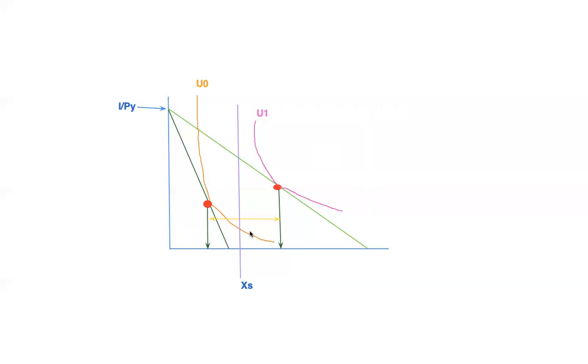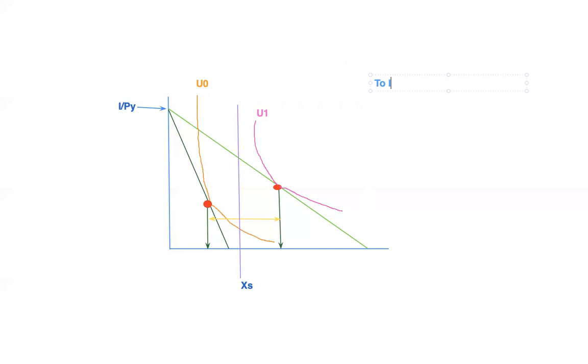So it has to be the new budget and the original level of utility. Whether it's a price increase or a price decrease doesn't matter. What matters is the original level of utility and the new budget. So maybe I should write that on the side someplace, because it's, like I said, super important.